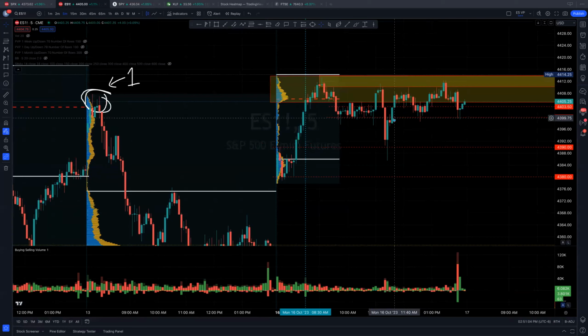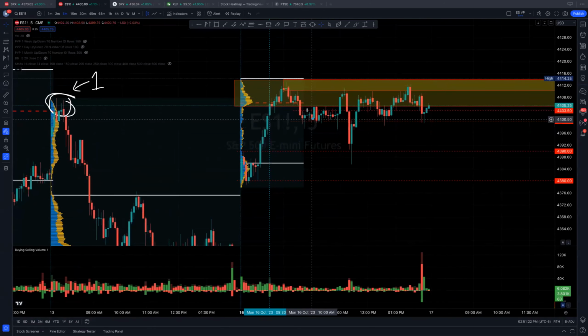So you can see how I entered short over here, got stopped here, basically on the same 5-minute candles. I got stopped out right here at this point on this candle. And it was okay, because pretty much stopped here for like 1 hour or more.